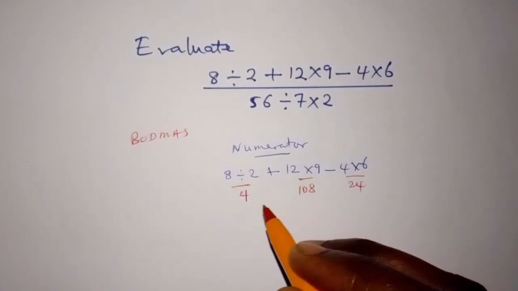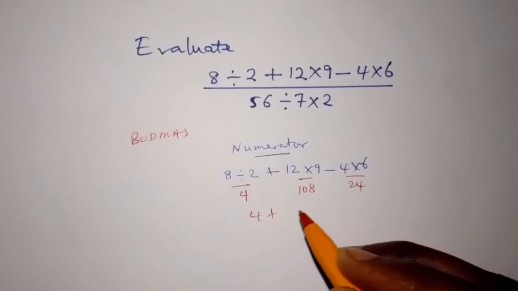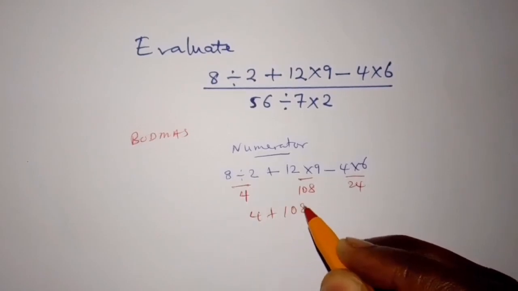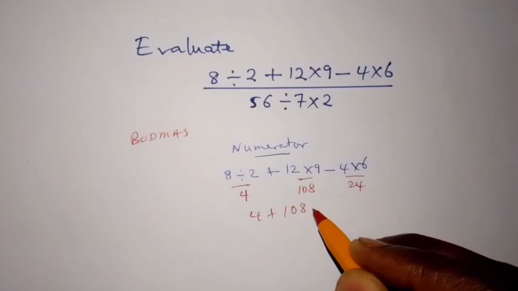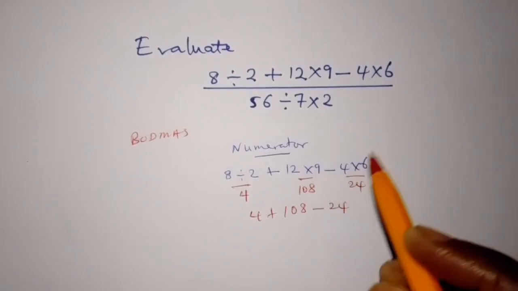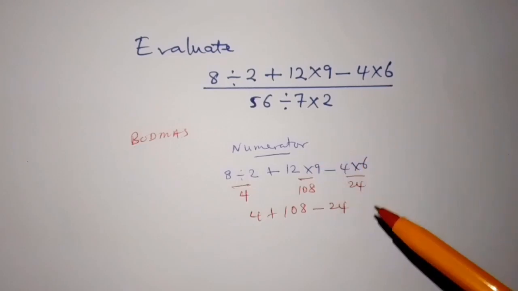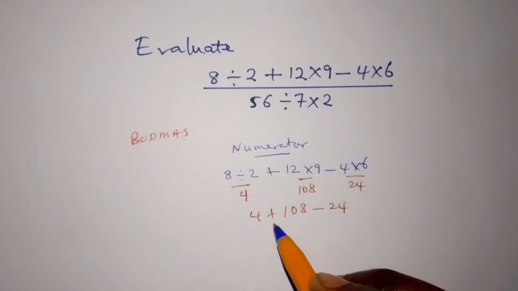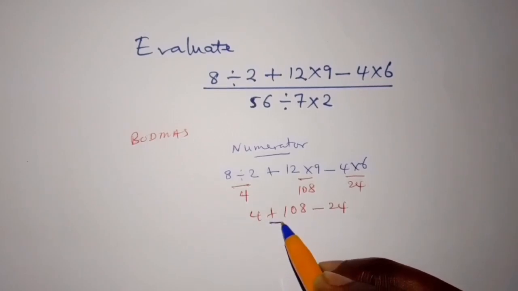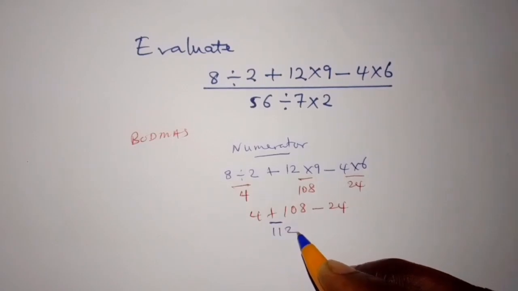So here we have 4 plus 108 minus 24. Bracket of division, multiplication, addition. So we go to addition. 4 plus 108 is 112.